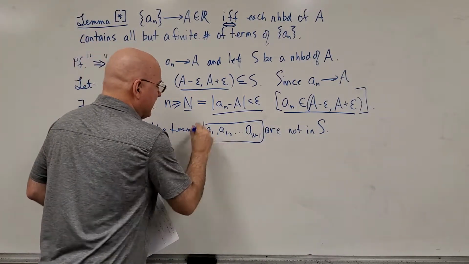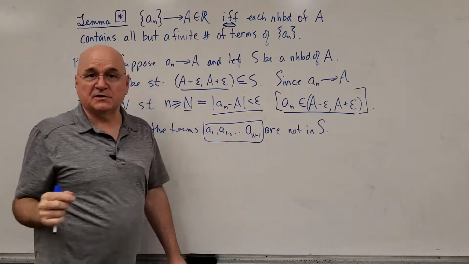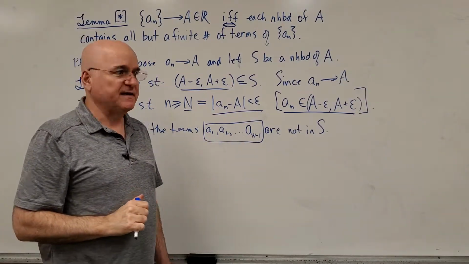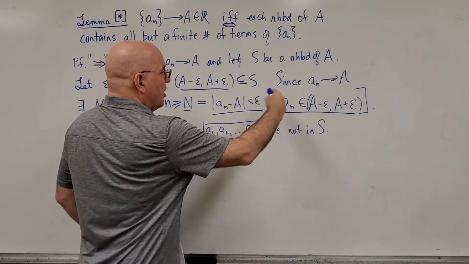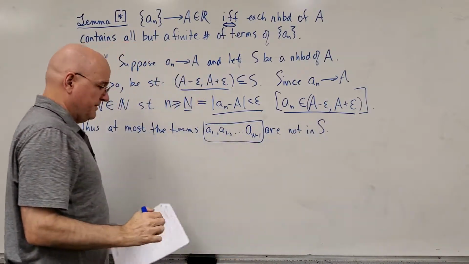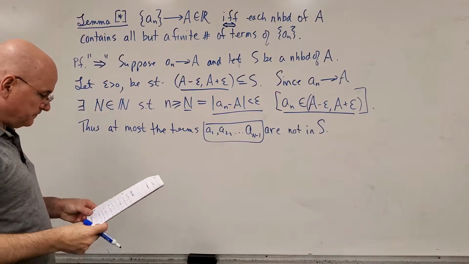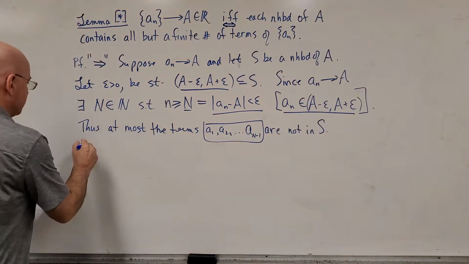Anytime you can write them out, indexed by 1, 2 to some integer, that means it's a finite set. From capital N on, they're all in this neighborhood. Okay, I'm going to have to write a little bit smaller to get the other direction going.